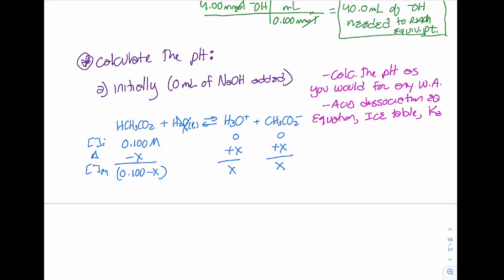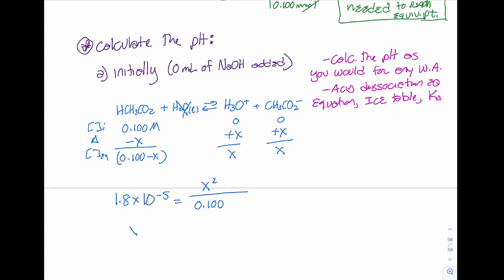Right, we're now going to set those equal to my Ka. So concentration of hydronium ions multiplied by the concentration of acetate ions, my conjugate base, so x times x or x squared. And then 0.100 minus x, but because my Ka is small, I'm going to ignore that minus x.